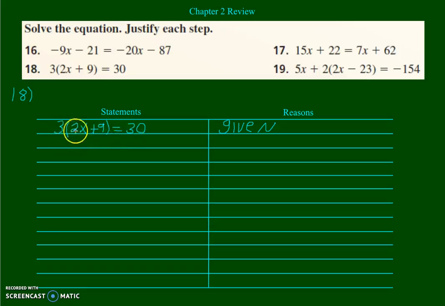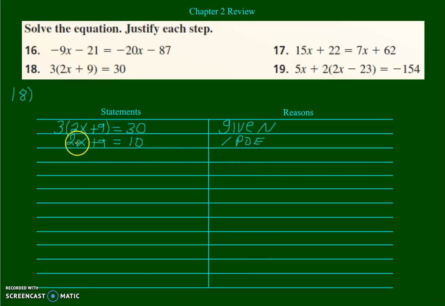So we would have 2x + 9 = 10, and that would be division property of equality.